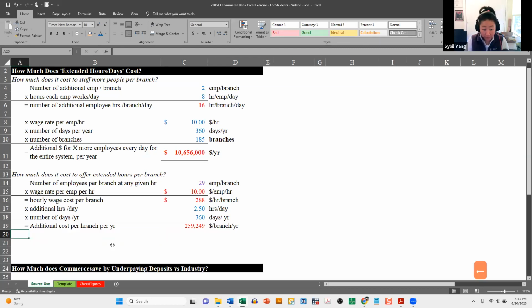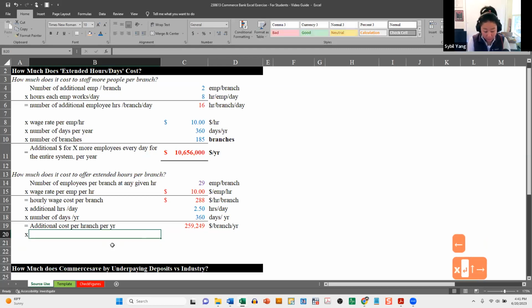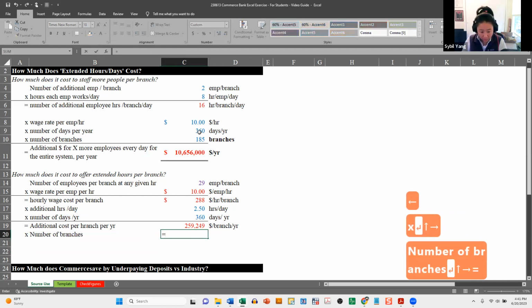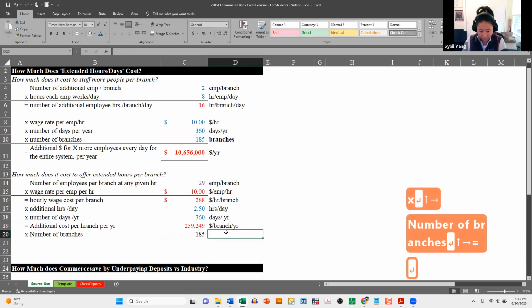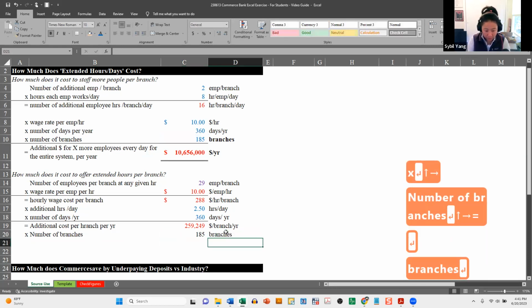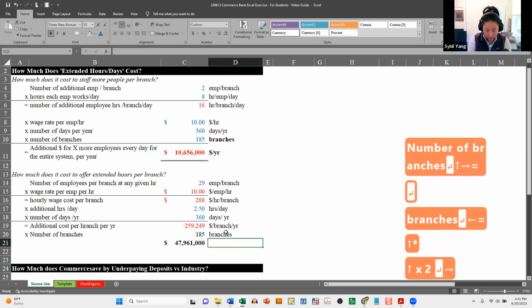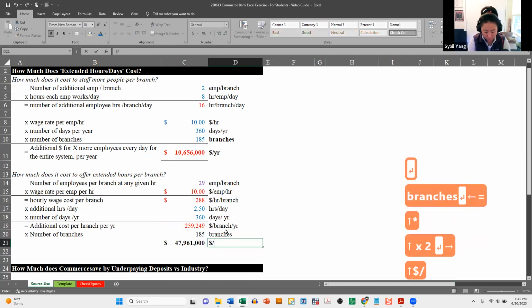Now I have 100 number of branches. Okay, again, same thing as last time. Branches equals dollars per year.